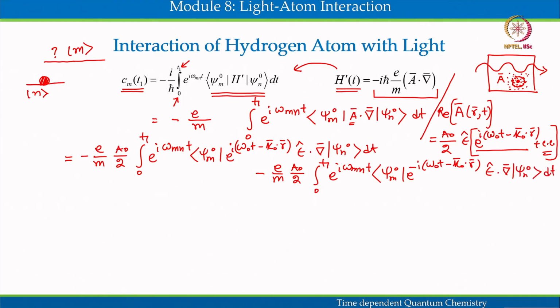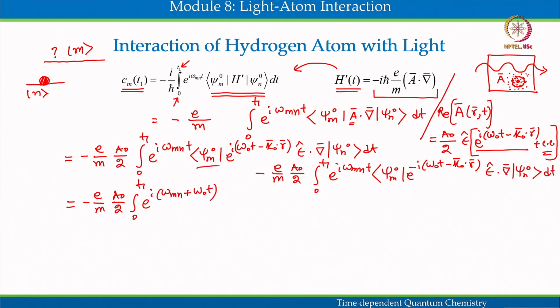These are the terms we get, and this can be further reduced in the following way. I can write e by m A naught by 2, integral 0 to t1, then e to the power i omega mn plus omega naught t.